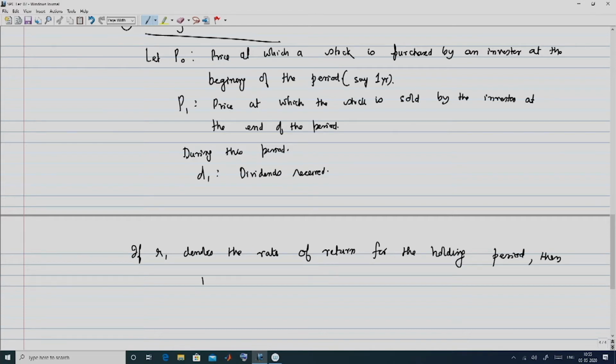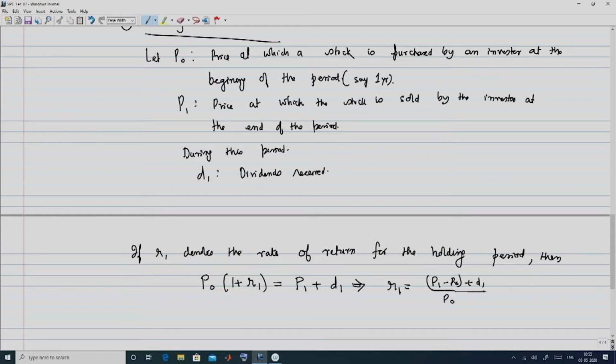It means that if you make an investment of P naught, at the end of the period it will grow by a factor of 1 plus R1, and this is the same as the final amount of money P1 that you have received plus D1, which is your dividend return. And this implies that R1 is equal to P1 minus P naught, plus D1 in the numerator, divided by P naught.